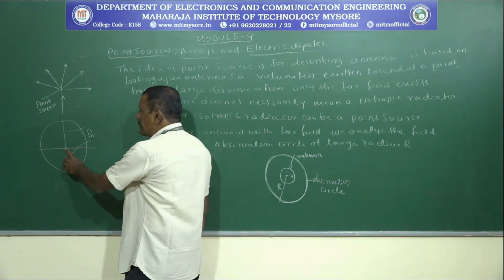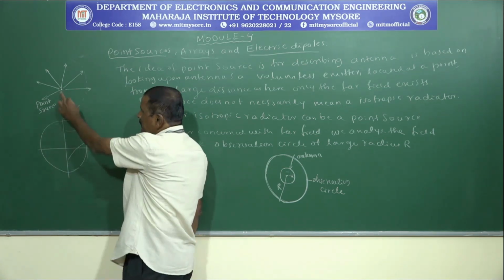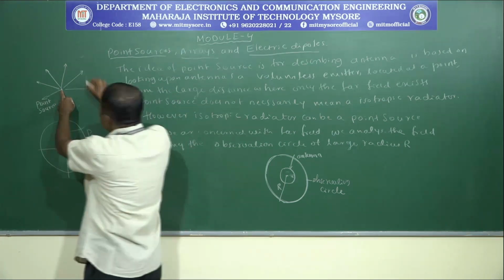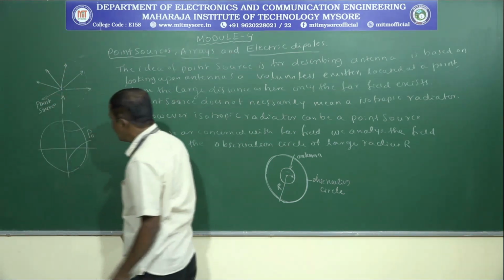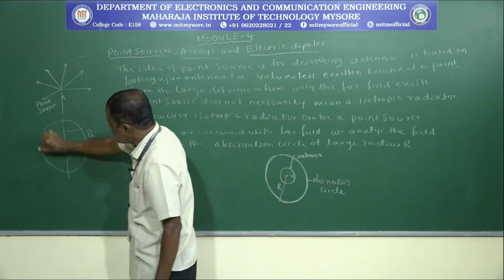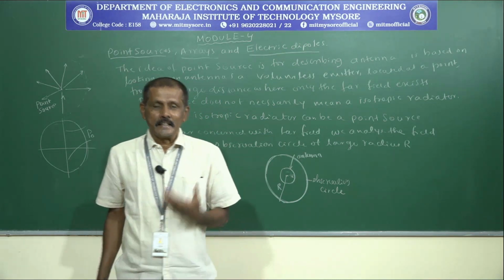That is, if you have a point source and I draw a sphere, the antenna radiates the energy uniformly in all the directions. At any point on this sphere, whatever the power density is, it is the same.